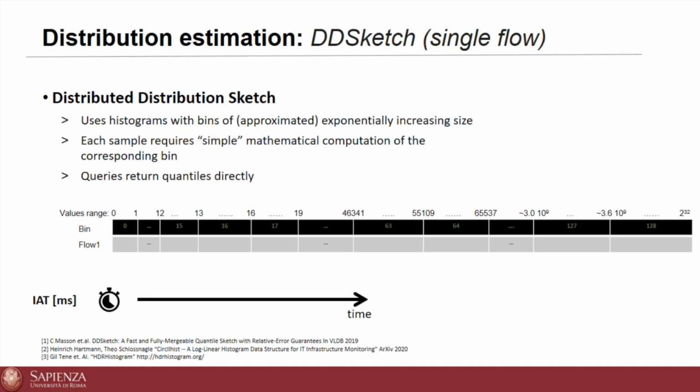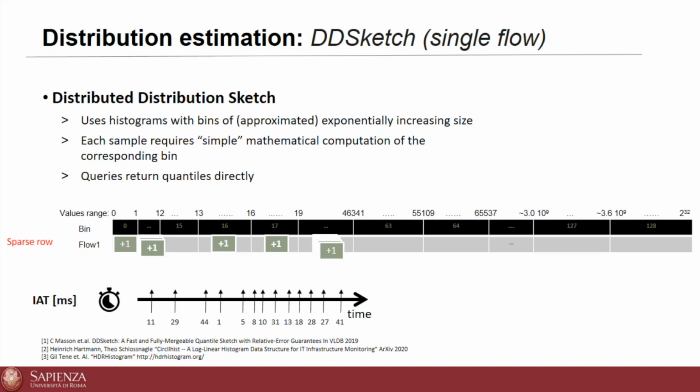Whenever a new sample of the distribution arrives, it is just mapped to its corresponding bin. This bucket just acts as a counter, and it is increased. Whenever we need to compute a quantile for the distribution, we compute the corresponding rank, find in which bin this rank falls, and then give an estimate based on the delimiters of the bin.